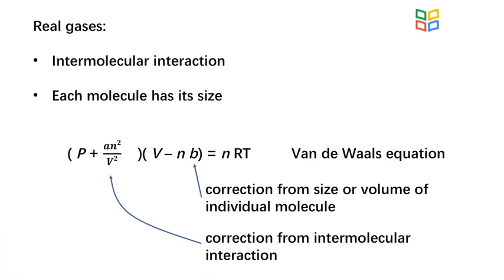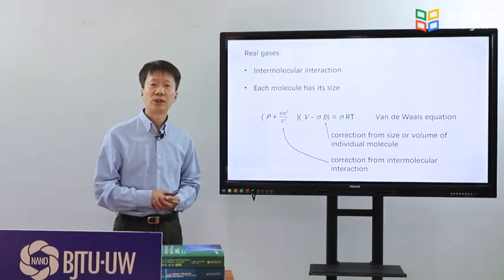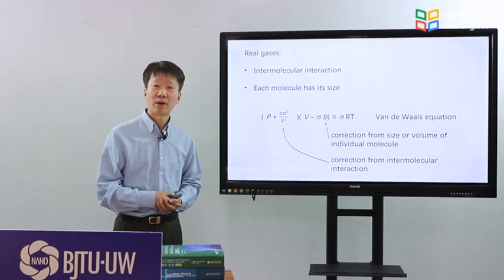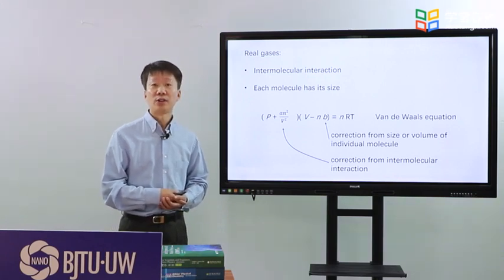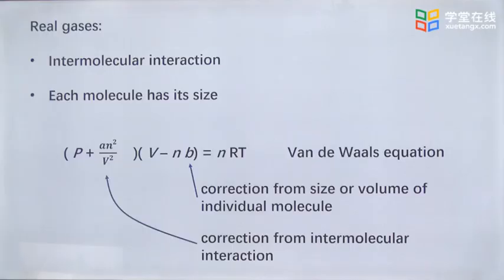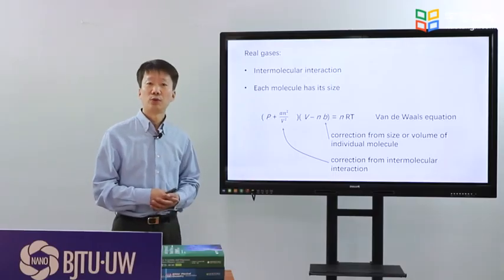The van der Waals equation shows you how to correct it. Two correction terms are plugged into the ideal gas law, one for the size correction, one for the intermolecular interaction correction. The parameters a and b can be found in the data manual. We can use it for real gases.